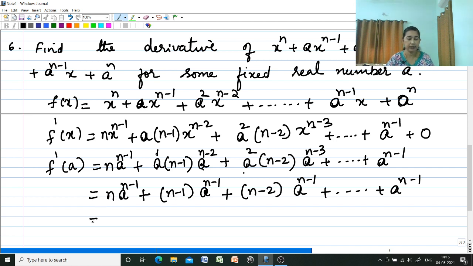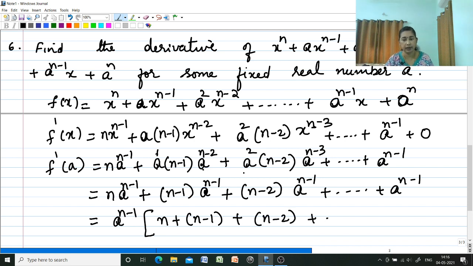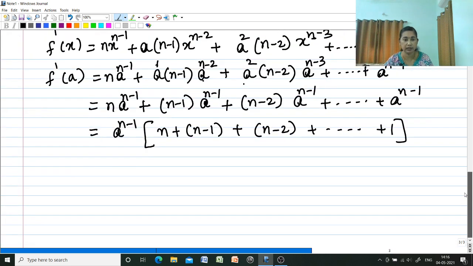Now we can see that in all the terms a raised to n minus 1 is common. A raised to n minus 1 is common, remaining n plus n minus 1 plus n minus 2 plus etc. plus 1. From all the terms we have taken a raised to n minus 1 outside.